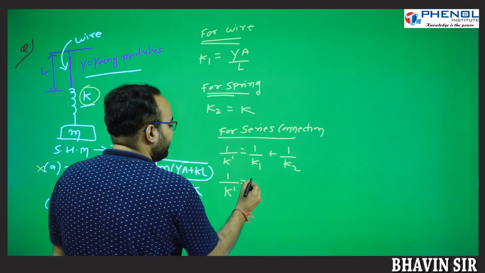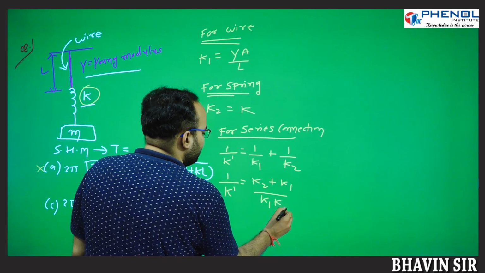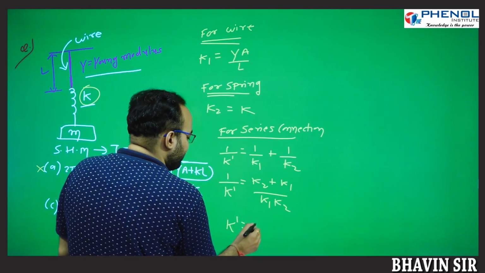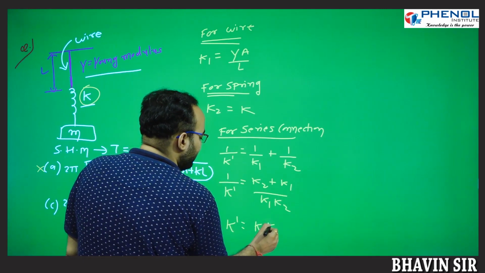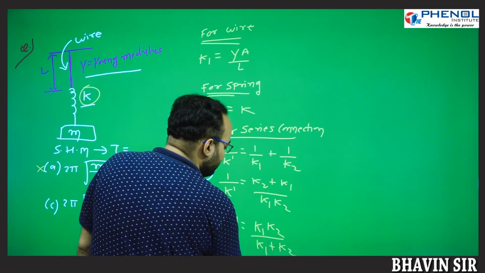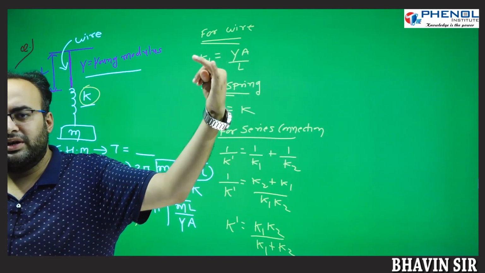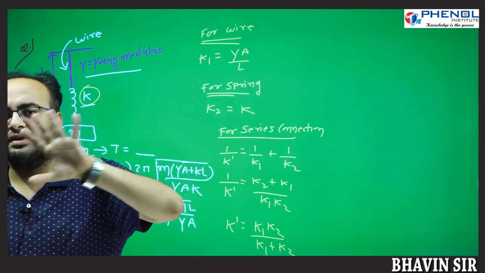First take LCM, K2 plus K1. So K dash is equal to the reciprocal, K1 K2 upon K1 plus K2. Just remember directly: for series connection, in numerator multiplication, in denominator addition.